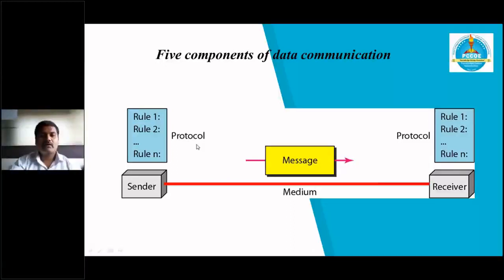Without the protocol, the communication won't be possible. Both parties should have the same set of rules on either side. Then and only then will communication be possible. Got it? So these are the 5 components: the sender, receiver, message, medium, and the protocol.